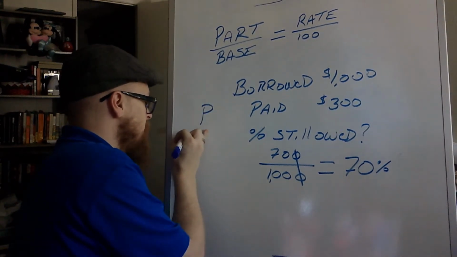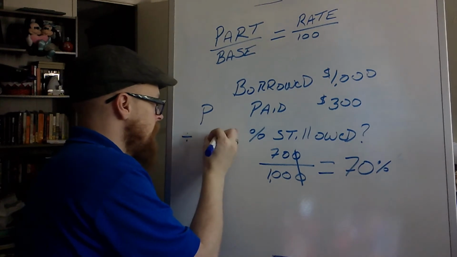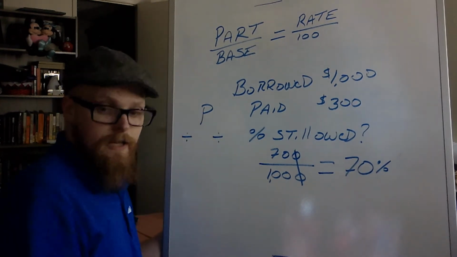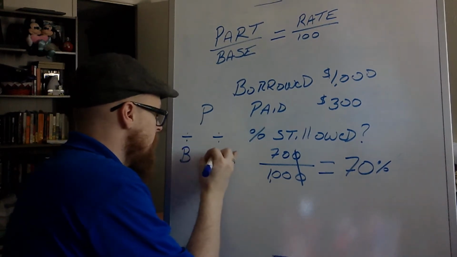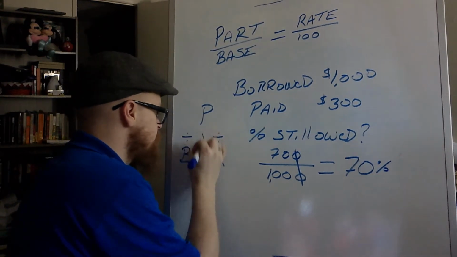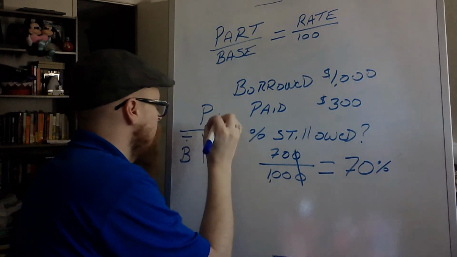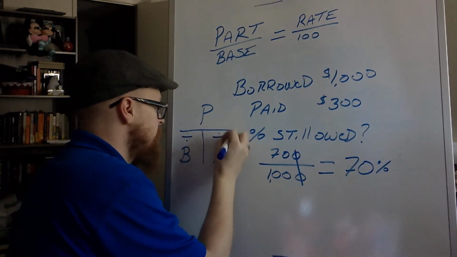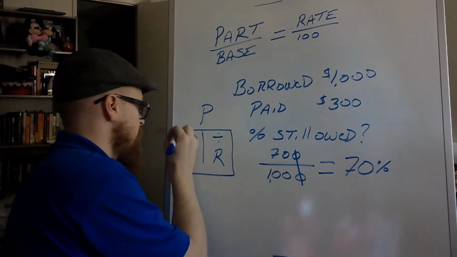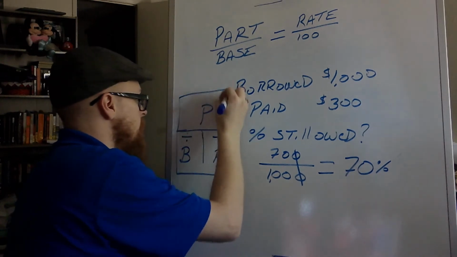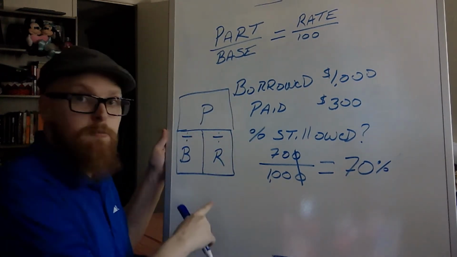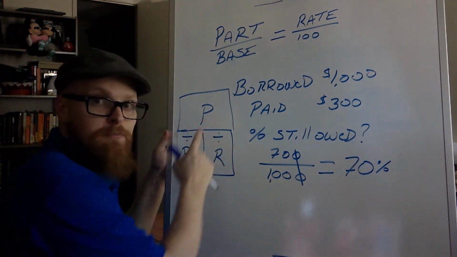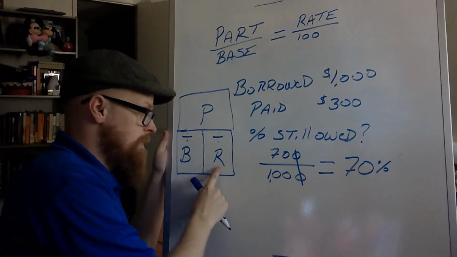It is P, then a division sign, and below that you have B and R. What this means is this is a shorthand formula: part, base, rate.